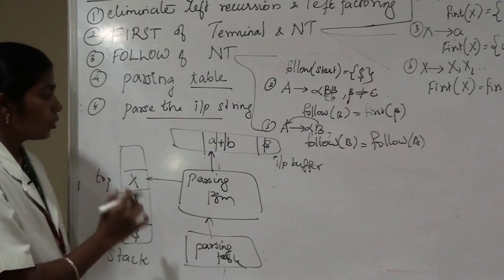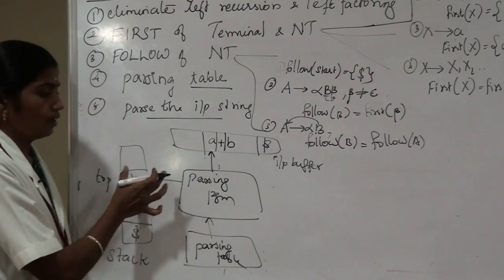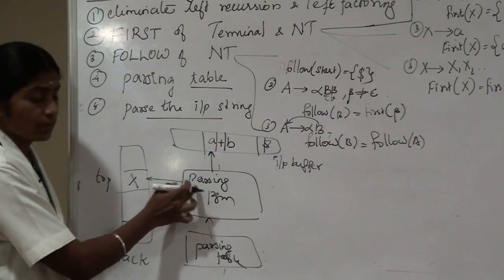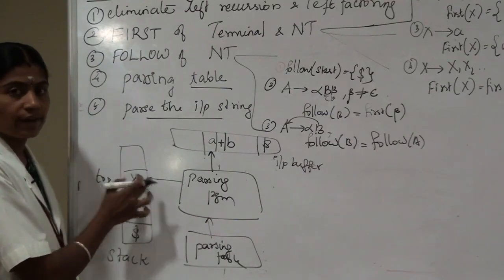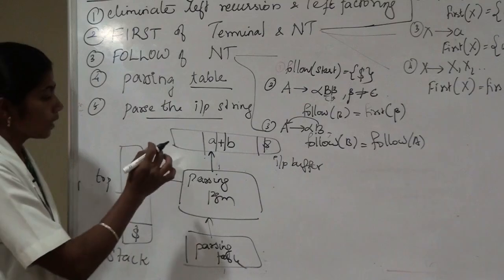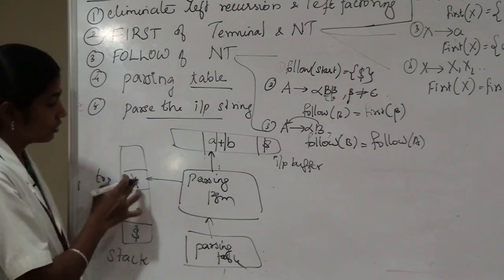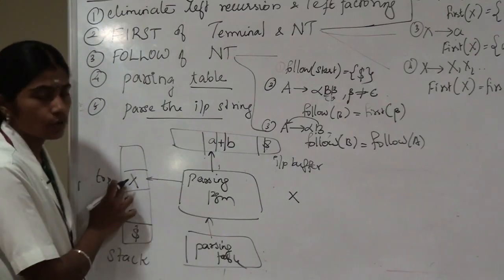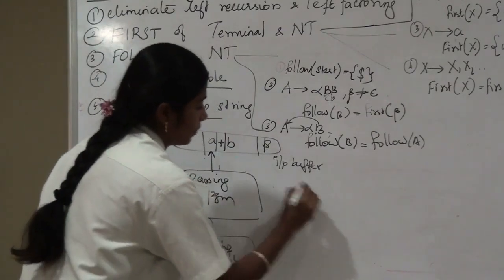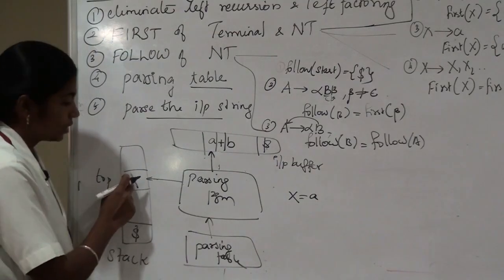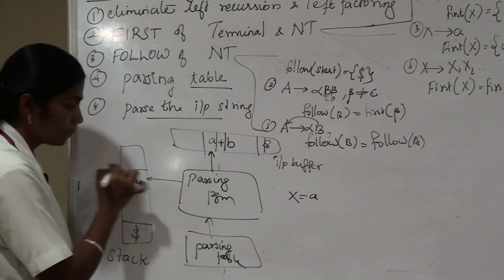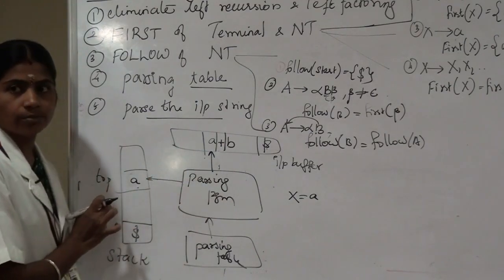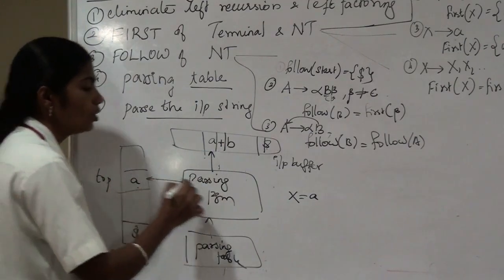Now for every input symbol you check for the entry in the parsing table. The program will check the top of stack and find a match in the parsing table, right? So if the top of stack has X, and instead of this X you have A, so both the top of stack and the input pointed symbol match, so you have to pop.